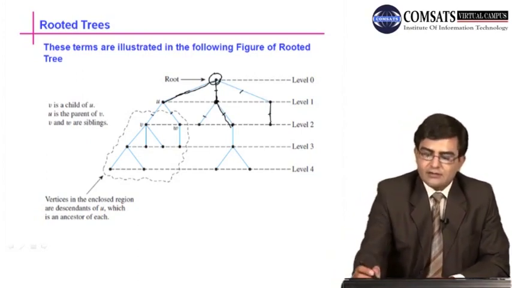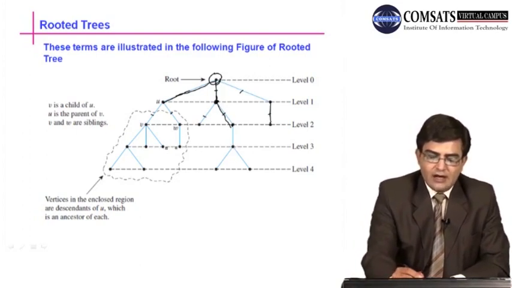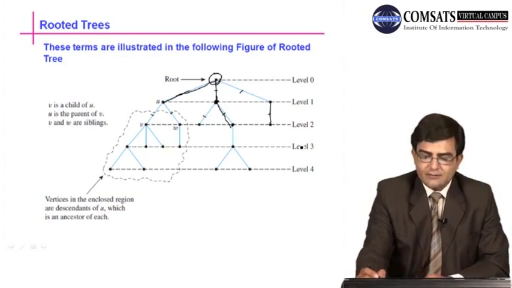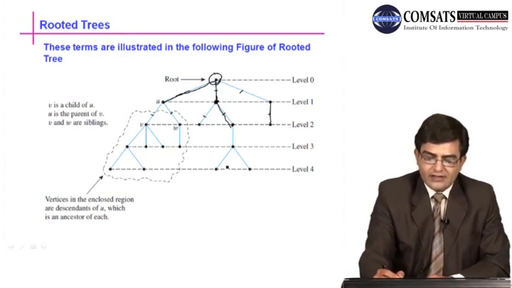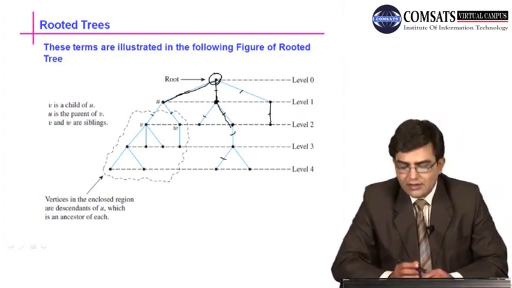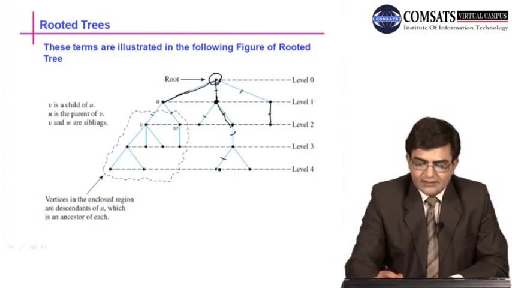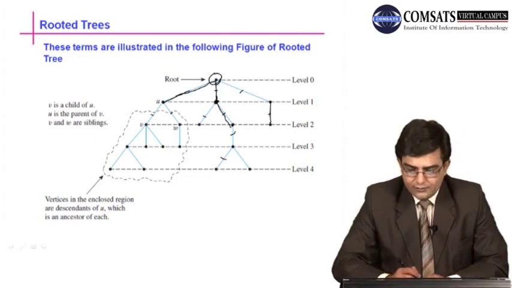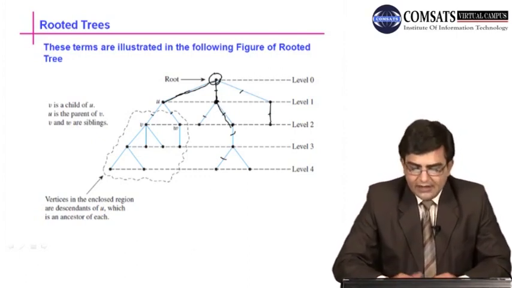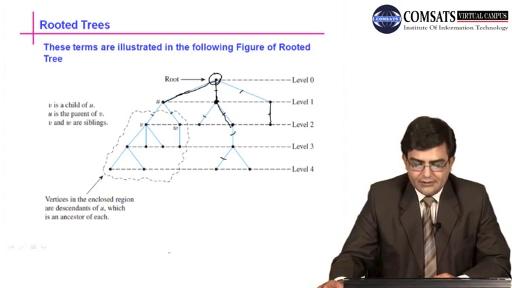Here these points are 3 edges away from the root, therefore this is level 3. These points are 1, 2, 3, 4 edges away from the root, therefore this vertex is at level 4. So this is how we describe levels in rooted trees.